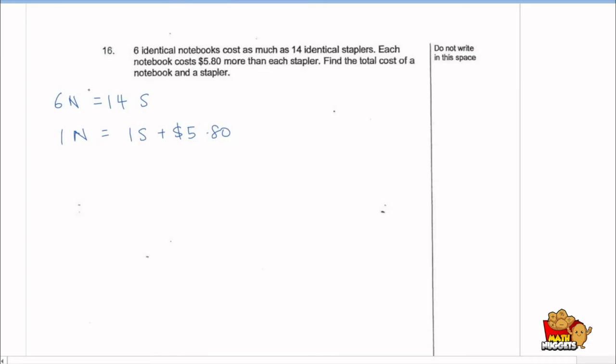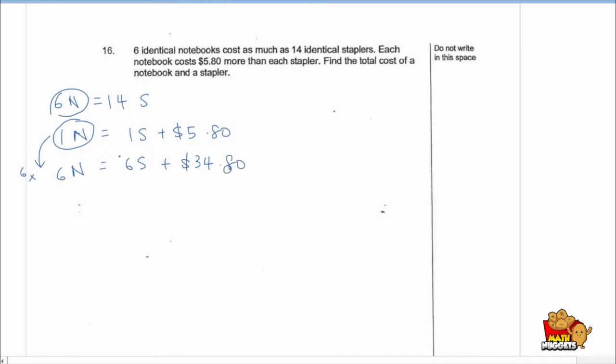So I am going to make my notebooks the same first. So I'm going to multiply the notebooks and make this 6. So this becomes 6 notebooks is equals to 6 staplers plus 34.80.